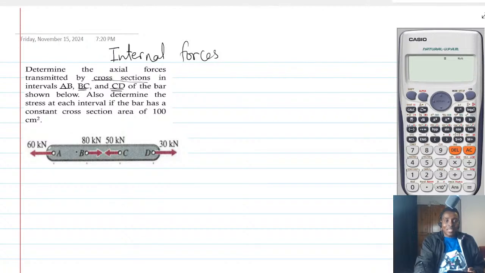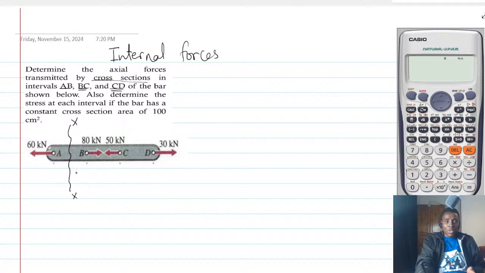So you will start by cutting the sections. This is how you are going to do. So you introduce a section or a cut.